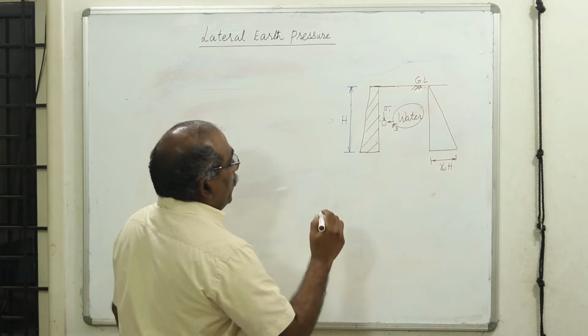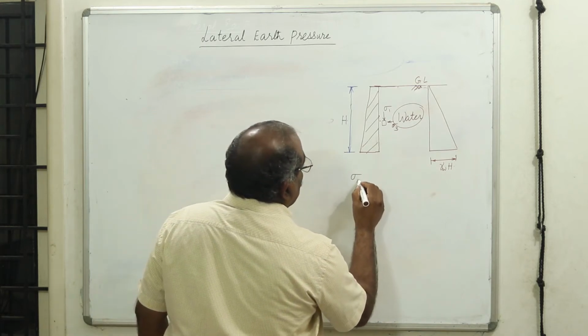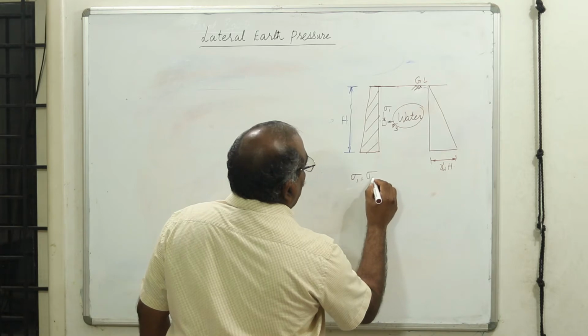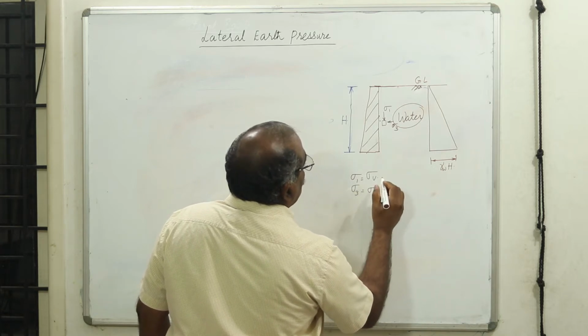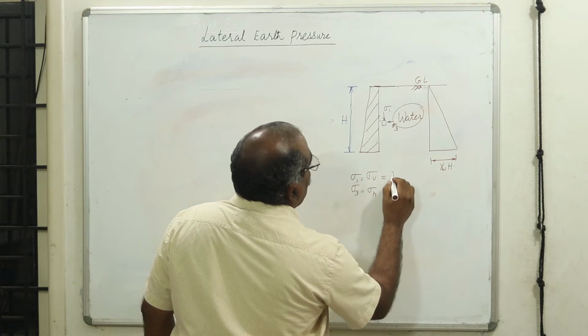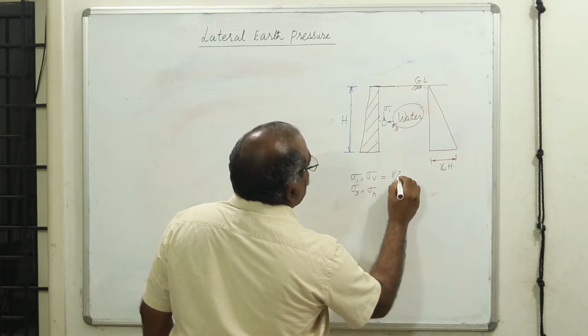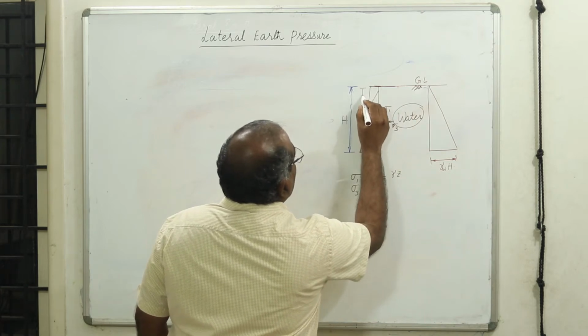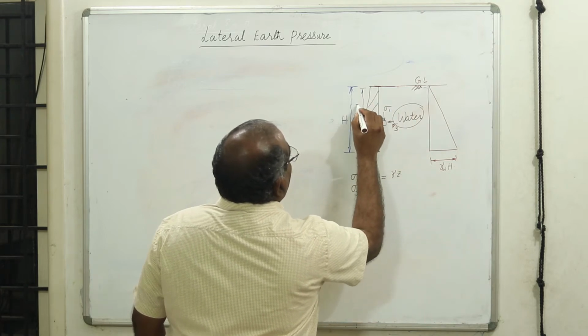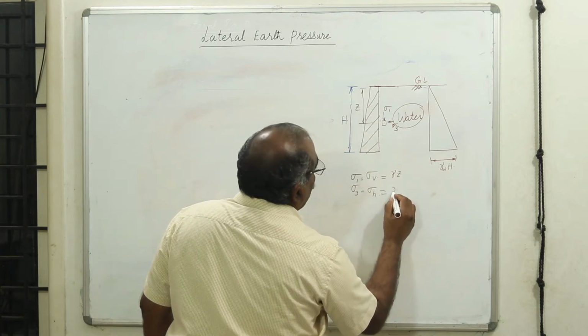Now, what will be sigma 1? Sigma 1 is sigma V, sigma 3 is sigma H. Now what will be this value? Gamma into Z, because this is the element which is taken at a height Z from the top. Now sigma H is also gamma into Z.